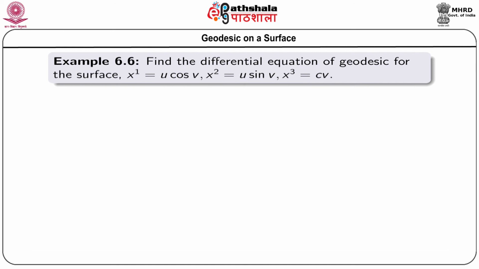That means, we are trying to find the differential equation of geodesic for a helicoid. Now, we can also denote this equation in this form: r equals (u cos v, u sin v, c v).